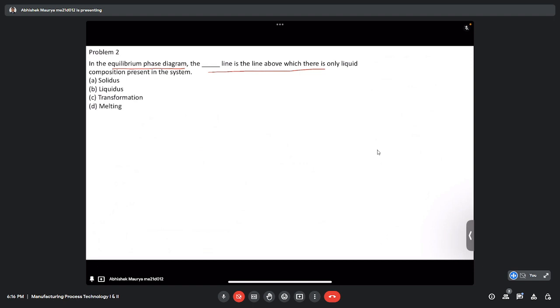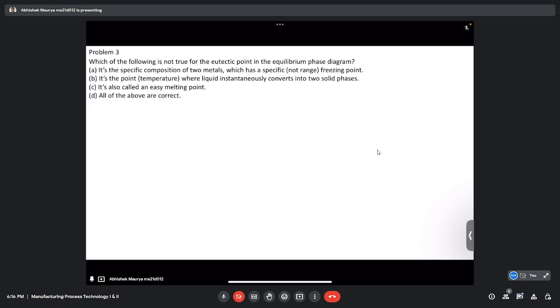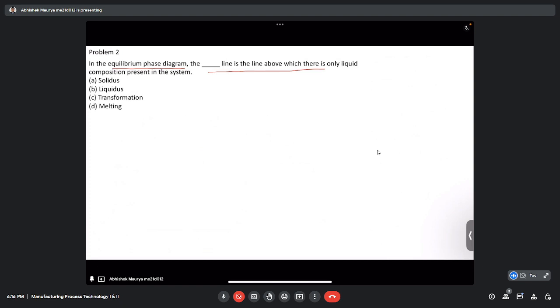So if we see any phase diagram, suppose for simplicity we are taking a binary phase diagram. Let's say we have A and B. These are the two materials, and we are trying to make a phase diagram for different compositions of these two materials A and B.